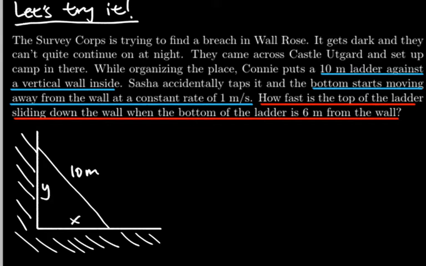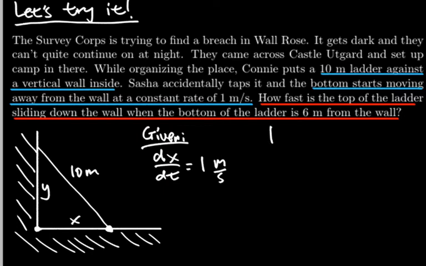What we're given then is dx/dt, the change in x. x represents the distance between the wall and this point. It's increasing, 1 meter per second, so this distance is increasing.